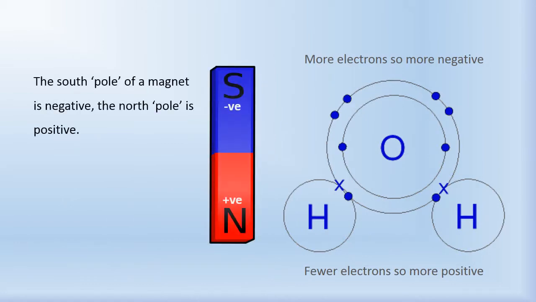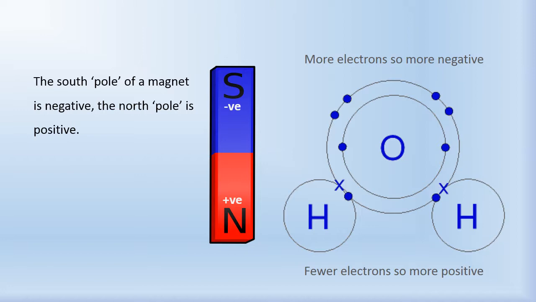The south pole of a magnet is negative, the north pole is positive. So comparing that to our water molecule, remember our oxygen is more negative because it has more electrons, whereas our hydrogens have fewer electrons, they're more positive.